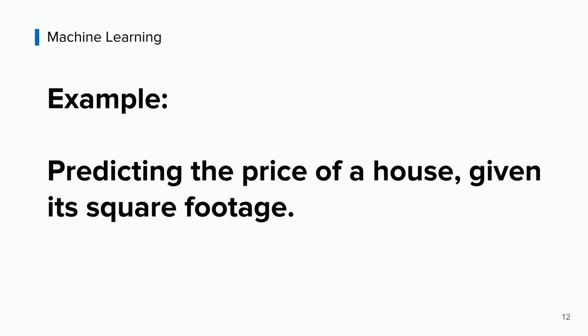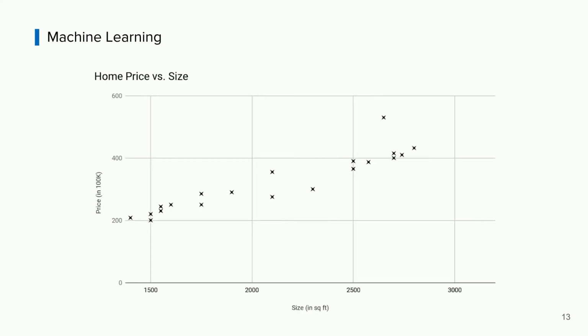So let's look at an example. And we're going to go with a simple one here. I'm defining my machine learning problem as predicting the price of a house given its square footage. Now the next step, where I'm getting my training data, I have all this made-up training data. On the horizontal axis is the size of the house that I'm considering, and on the vertical axis is its price.